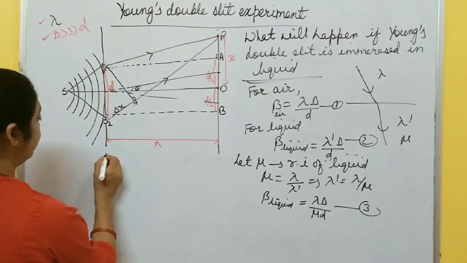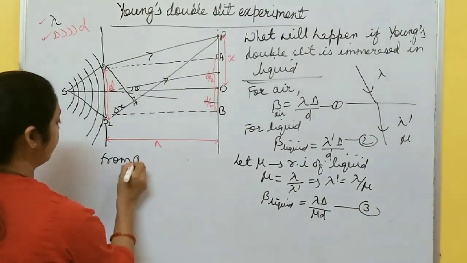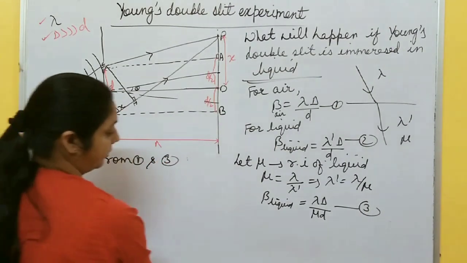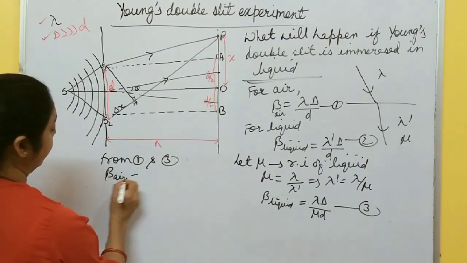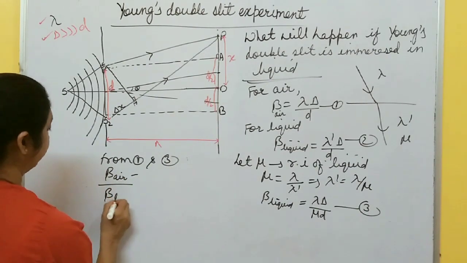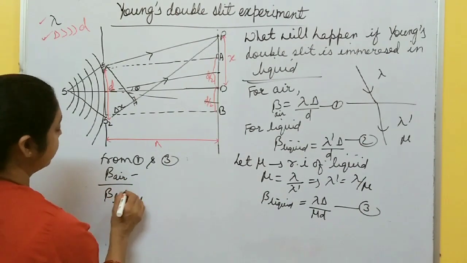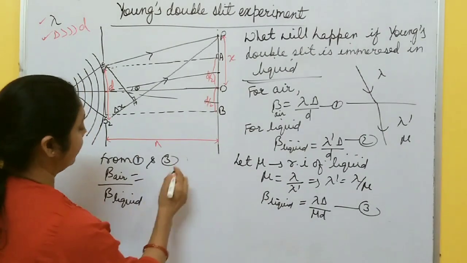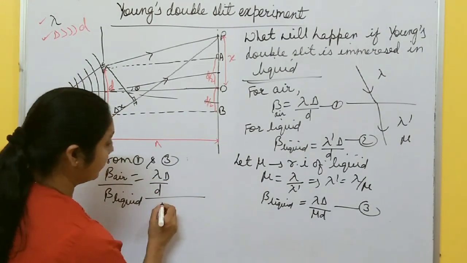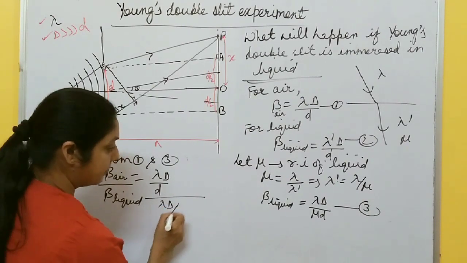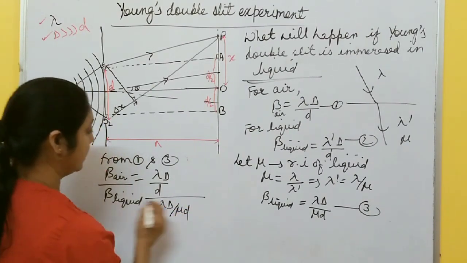Again from 1 and 3, you get fringe width in air by fringe width in liquid. Just divide these two equations, you get lambda capital D by small d divided by lambda capital D by mu d.